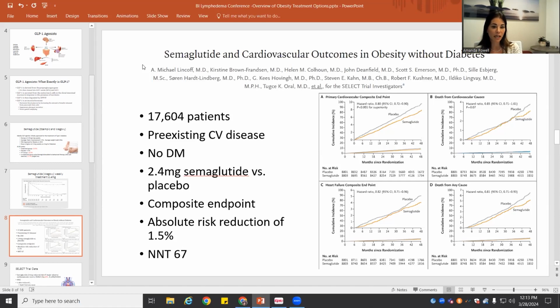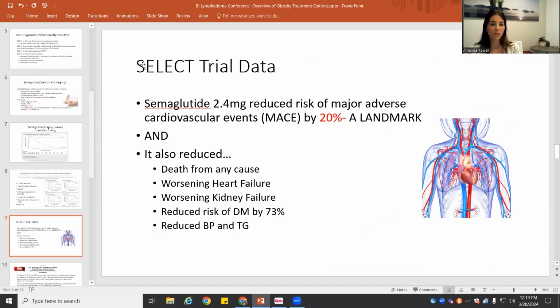I'll show you on the next slide, but the absolute risk reduction was 1.5% with a number needed to treat of 67. So in this SELECT trial, a landmark study, patients on semaglutide were able to reduce the risk of major cardiovascular outcomes by 20%. It also reduced death from any cause. It reduced worsening heart failure, kidney failure, the risk of diabetes by 73%, and improved blood pressure and triglycerides.